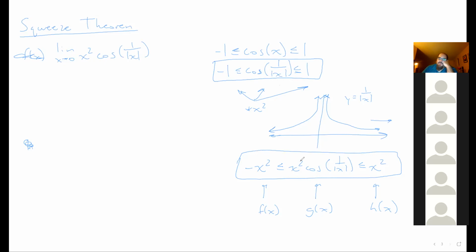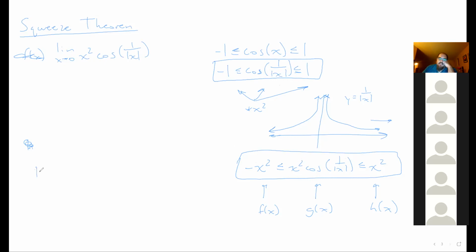So if we're okay with this string of inequalities always being true, I know the far left side is always going to be the least, the far right side is always going to be the greatest, and the middle is always going to be somewhere in between. They might be equal, but they're always going to be in between.